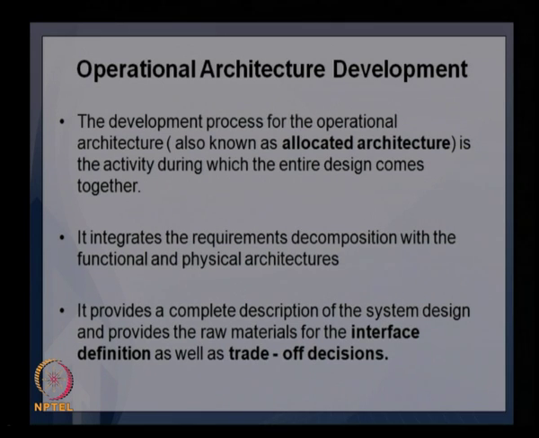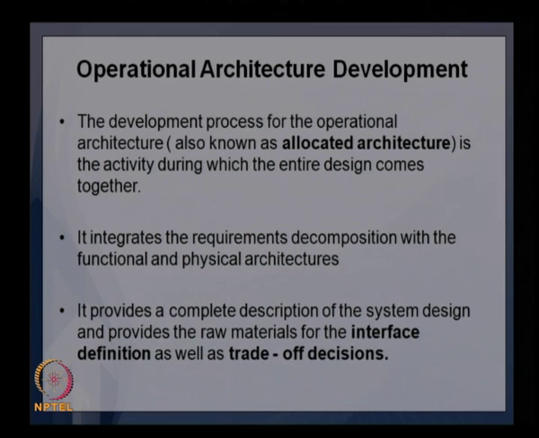This is the stage where we put everything together: physical systems, the operational details, the internal requirements, the technology and system wide requirements. That is the operational architecture development. It integrates the requirements decomposition with the functional and physical architectures.